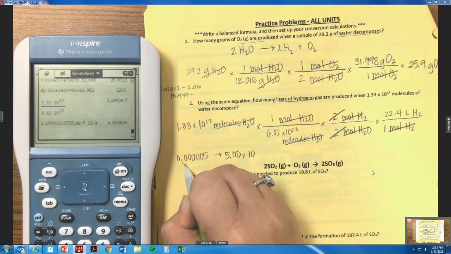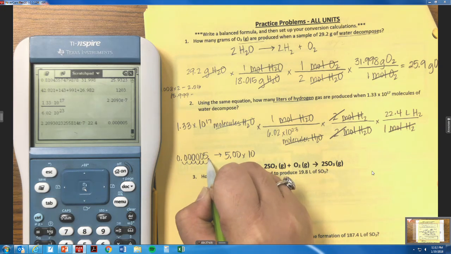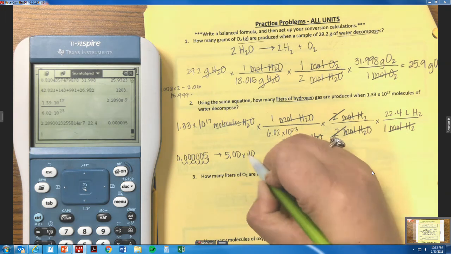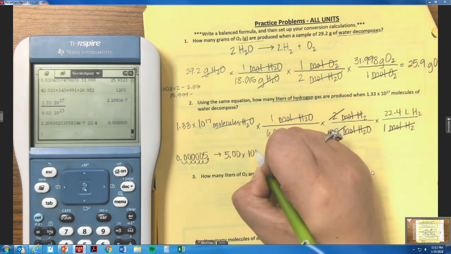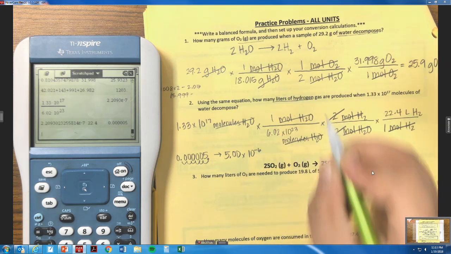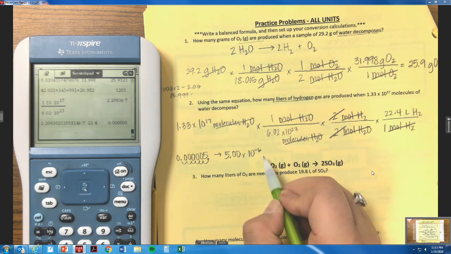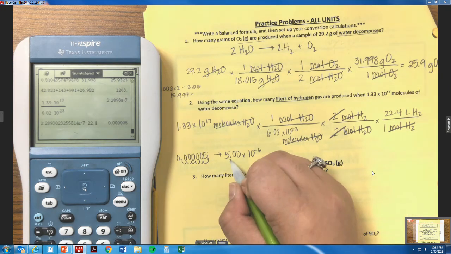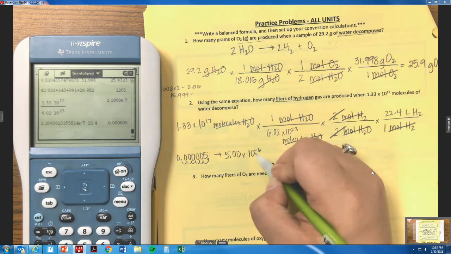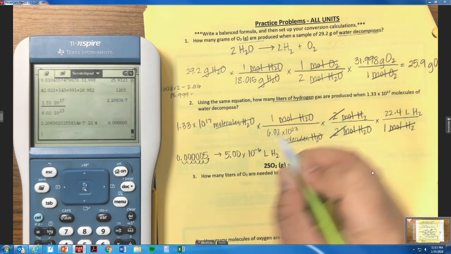I've moved my decimal 6 times, and because this is a tiny number, it's going to be -6. So my final answer is 5.00 times 10 to the -6 liters of H2.